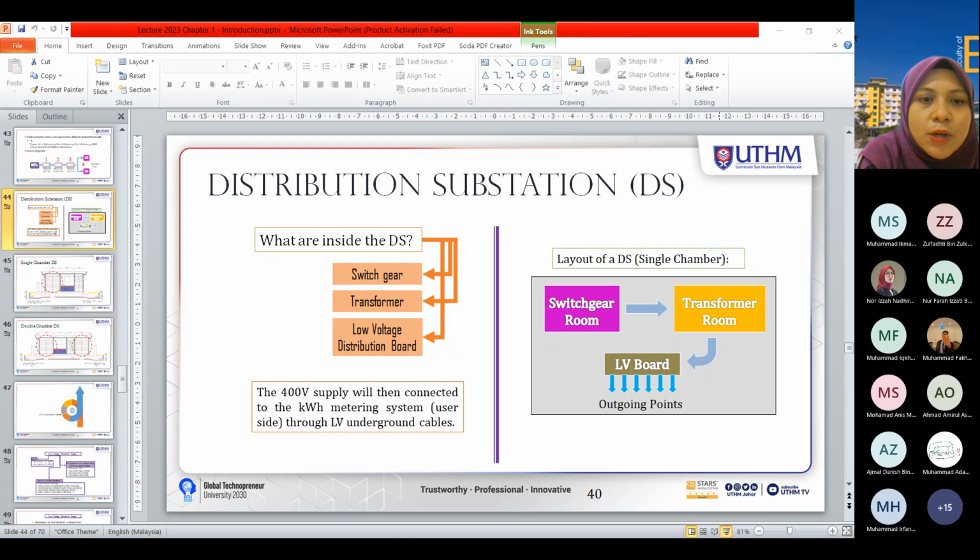From PE masuk kepada meter dekat rumah awak tu, kebiasaannya meter dekat luar rumah, and then dia akan masuk kepada DB awak, distribution board, baru dia pergi kepada all the loads lah. Alright. Okay.